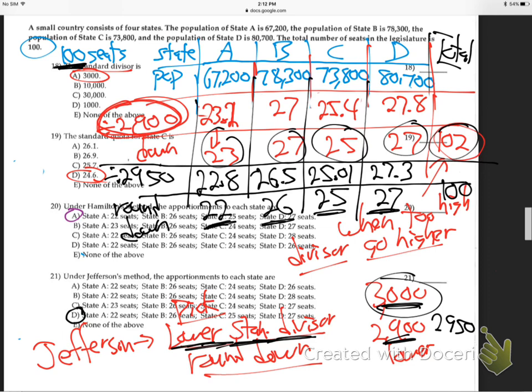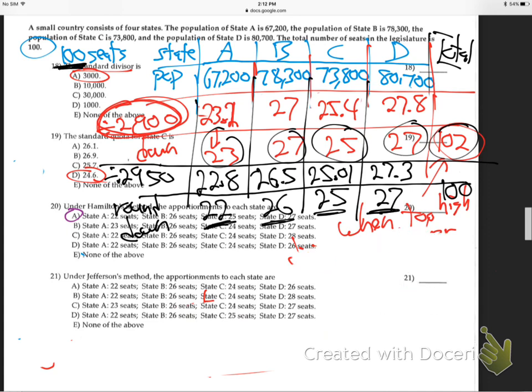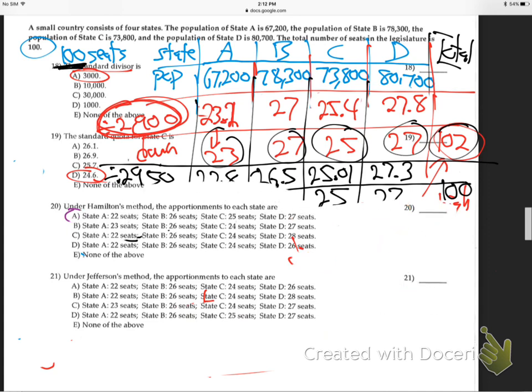So let's do that. I can just erase. If you guys got that copy down, I'm just going to erase this. So Adams is just the opposite from Jefferson.